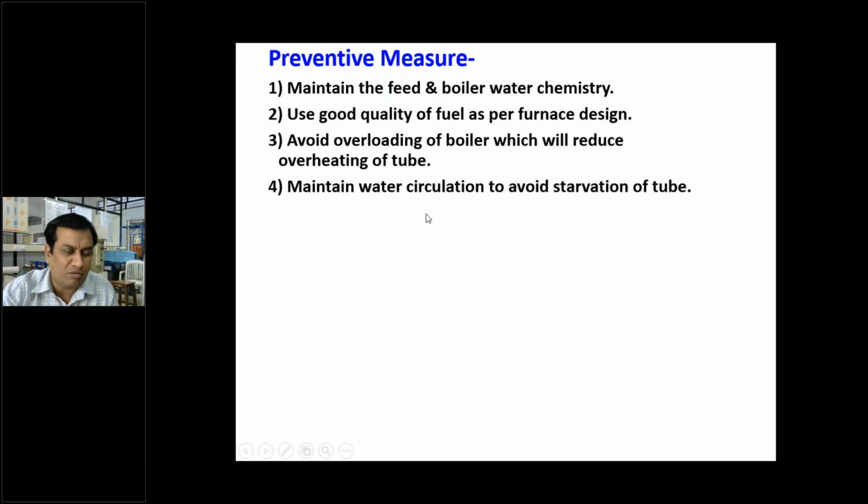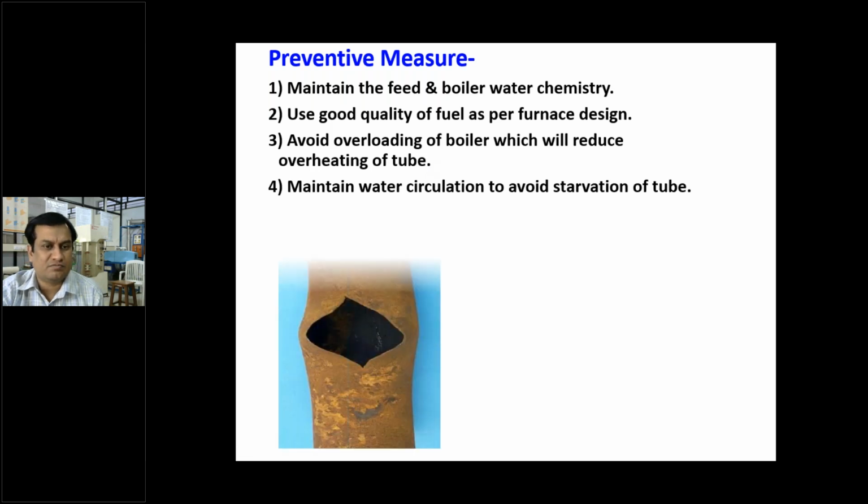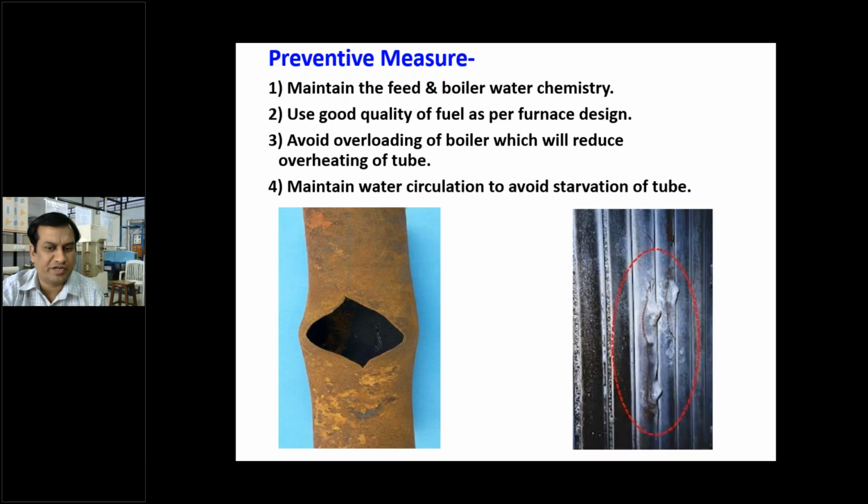So ample amount of water, as designed by the manufacturer, overheating should be avoided, and good quality fuel should be fed to the boiler. So these are the different preventive measures to avoid tube leakages. And these are the examples which show tube leaks or tube cracks.